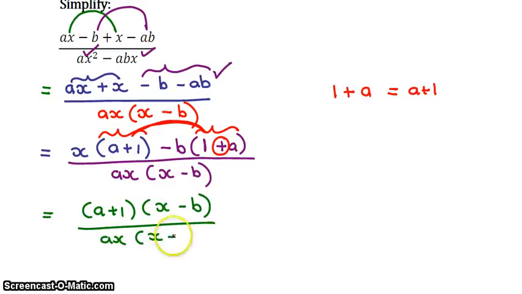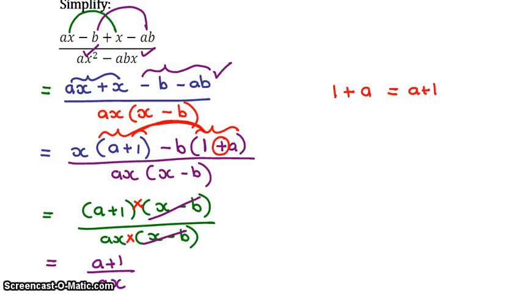Which means I now have, check, is it one term over one term? Bracket times bracket is one term. Ax times a bracket is one term, which means if you have identical brackets, you may now cancel. And I do have an identical bracket, x minus b and x minus b, would leave me with a plus 1 over ax.